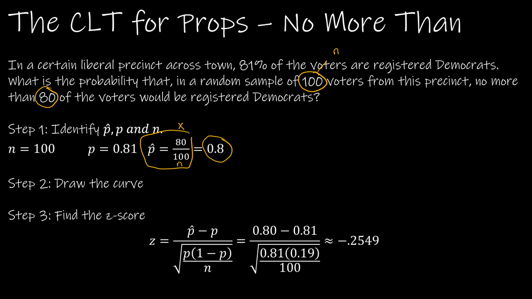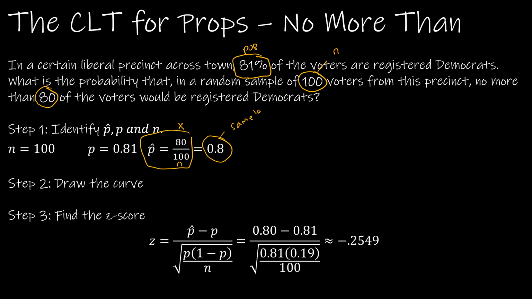So 0.8 would be p hat. p is what we expect. It's the mean, if you will, but it's the mean for a proportion, so it's actually a percentage. In this case, 81% is dealing with the population. So this is the population, and this is the sample. It's important to keep those separate.